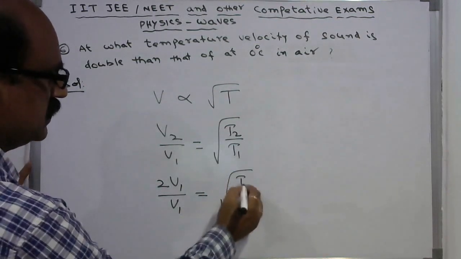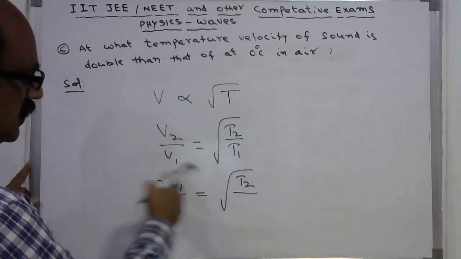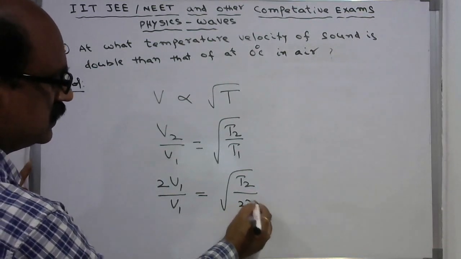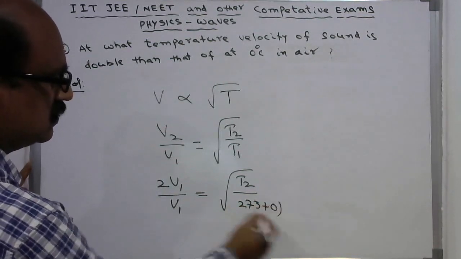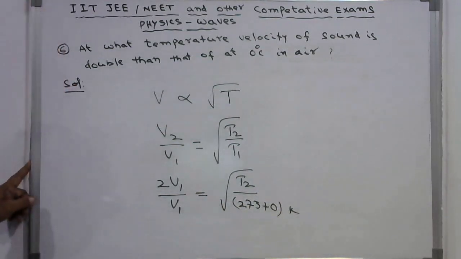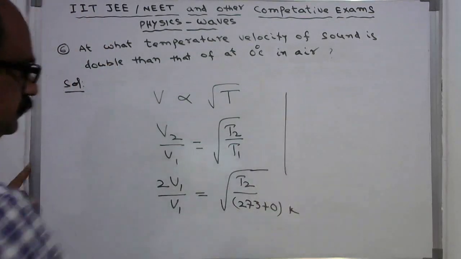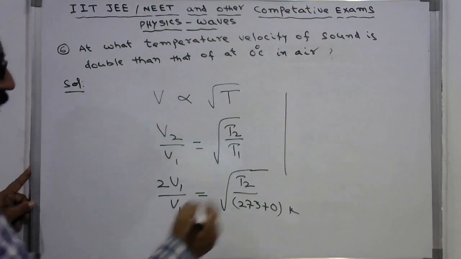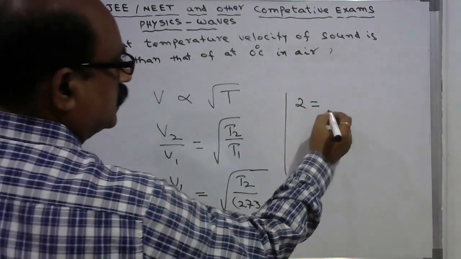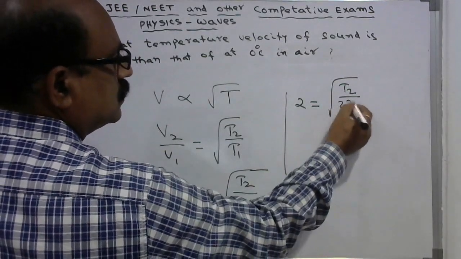We have to find the temperature at which the velocity becomes doubled. The initial temperature is 273 plus 0, expressed in Kelvin. So now this can be cancelled: 2 is equal to under root T2 by 273.